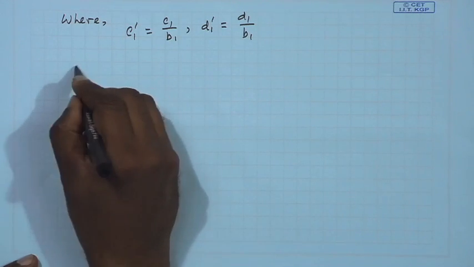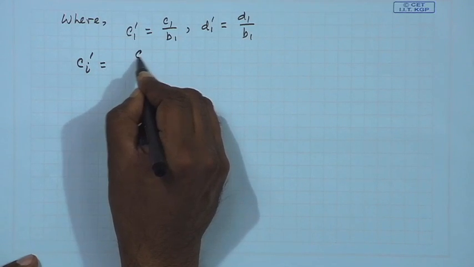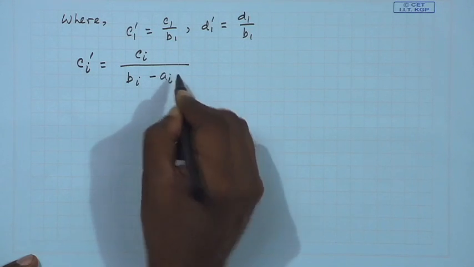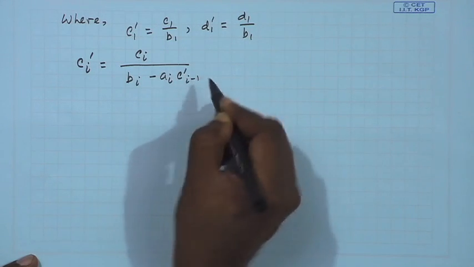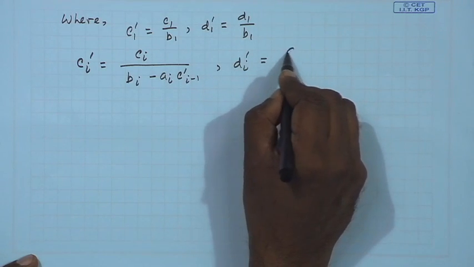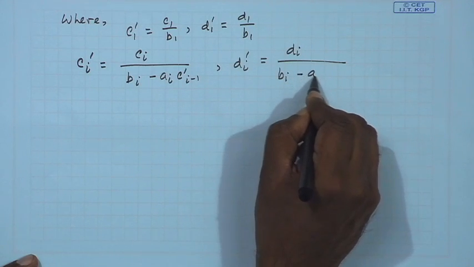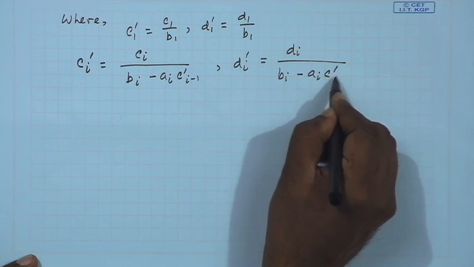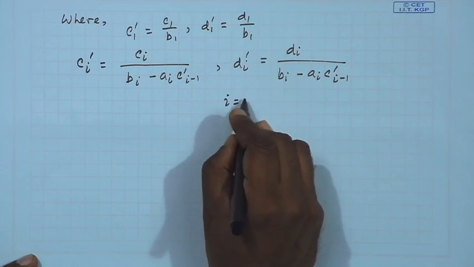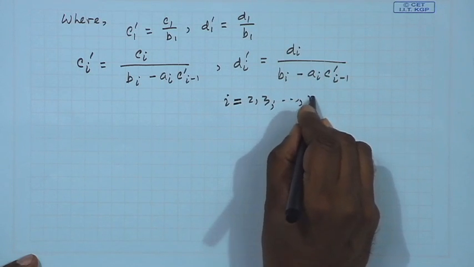And Ci dash equal to Ci by Bi minus Ai C dash i minus 1, and Di dash equal to Di minus Ai D dash i minus 1, by the same thing, Bi minus Ai C dash i minus 1. This is for i equal to 1, 2, 3, etc., up to n.